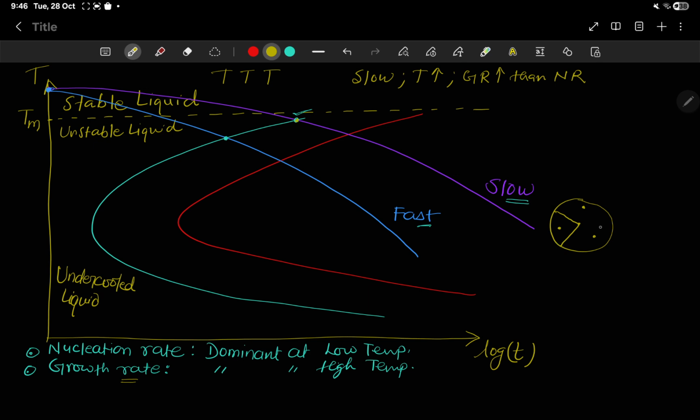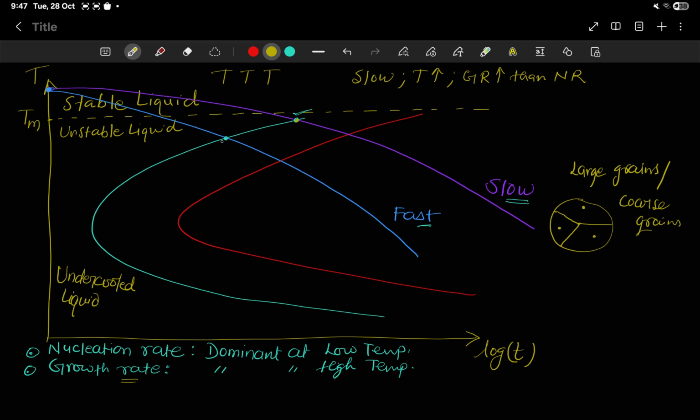So we will get one grain like this, and like this. We will get 3 grains corresponding to 3 nucleation points. Okay, so we get large grains, or coarse grains, in slow cooling, right? Now let's see what is happening at fast cooling.